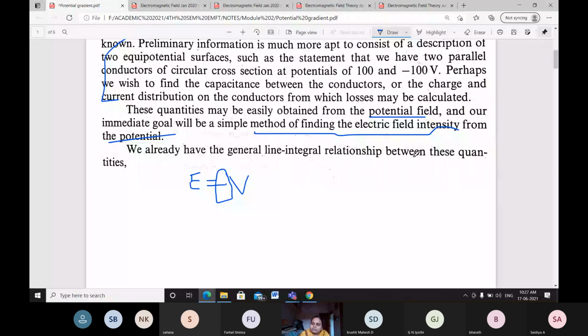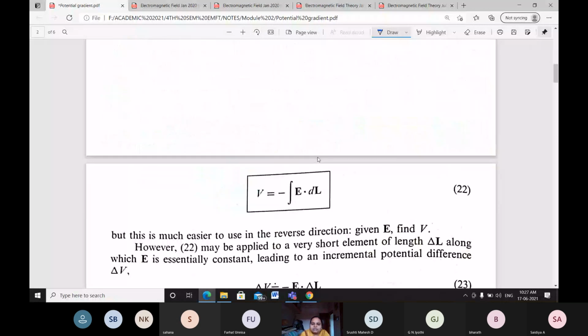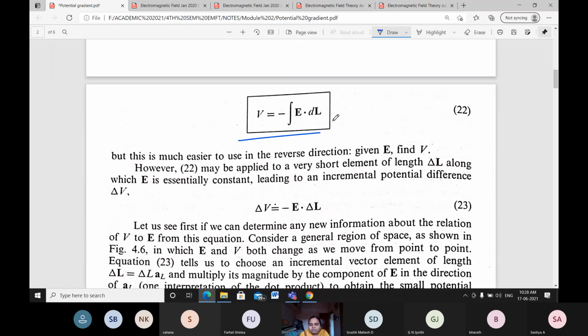Then we'll go with the general relationship between the potential and our electric field intensity. That is the equation we learned: V is equal to minus integration of E dot dl. This is the equation we already learned. This equation holds good for short elements, meaning the length I am considering may be a copper wire of a small length, and I can manage that.